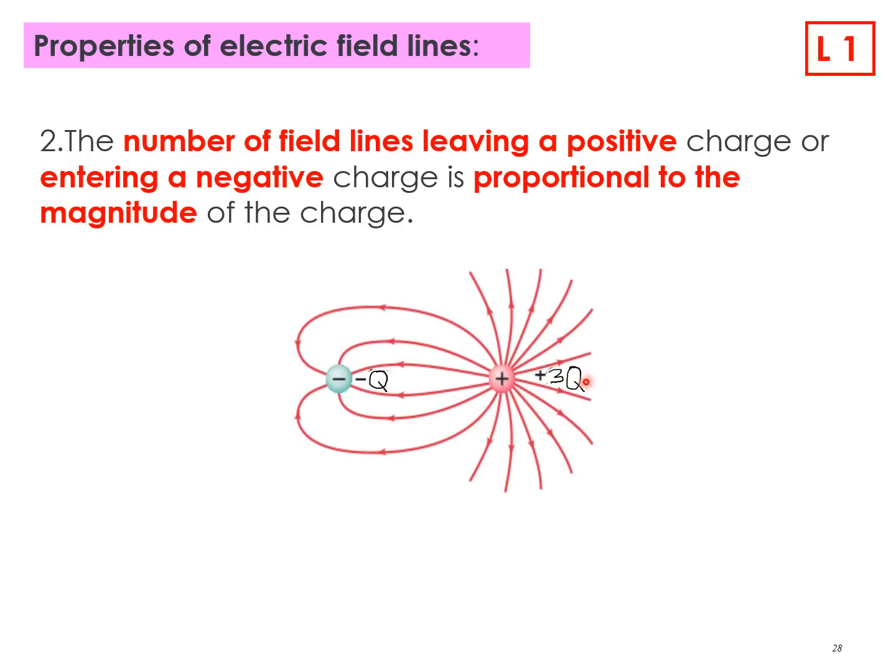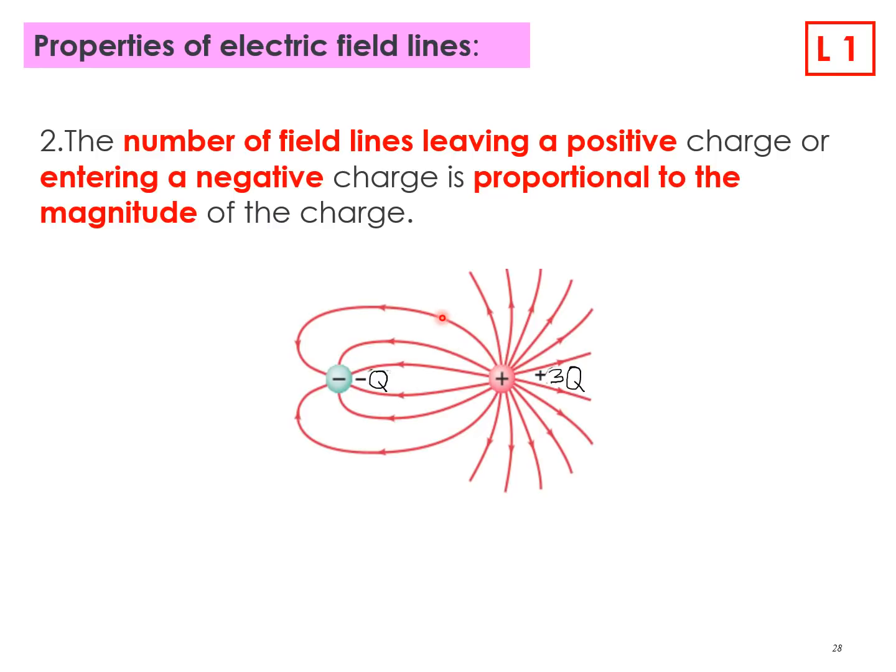We look here: for the positive charge, there is 1, 2, 3, 4, 5, 6, 7, 8, 9, 10, 11, 12, 13, 14, 15, 17, 18, 19. So from the positive charge itself, the electric field lines leaving are greater compared to the electric field lines entering. The entering lines are 1, 2, 3, 4, 5, 6.